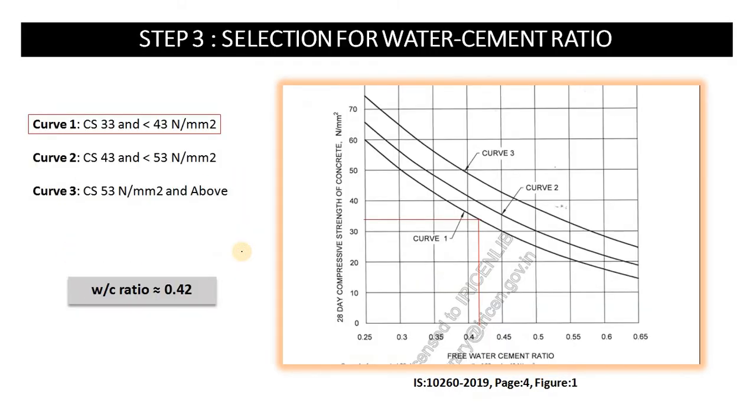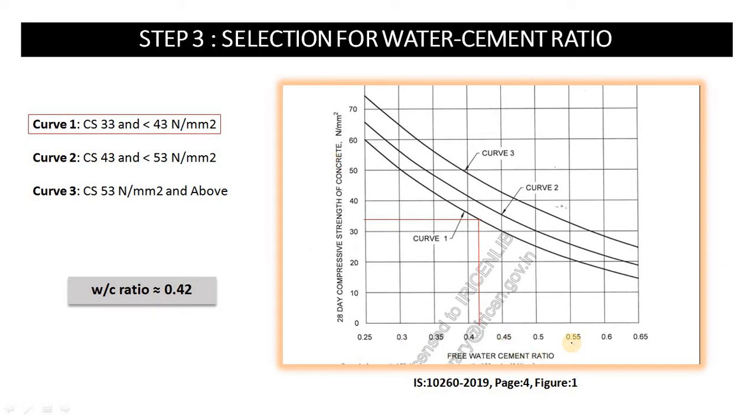So step number 3 is the selection of water cement ratio. For calculating the water cement ratio, we have to move on to IS 10262:2009, page number 4, figure number 1, where we have to see the compressive strength as well as the free water cement ratio.